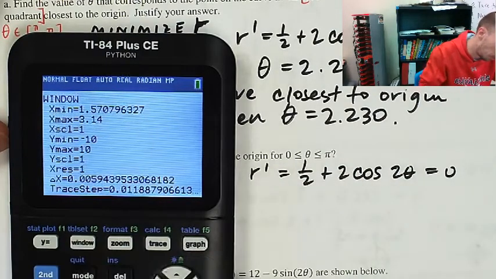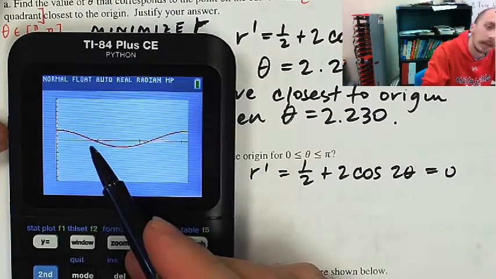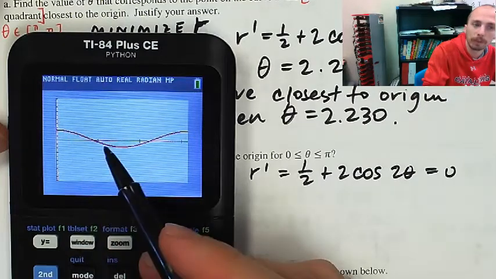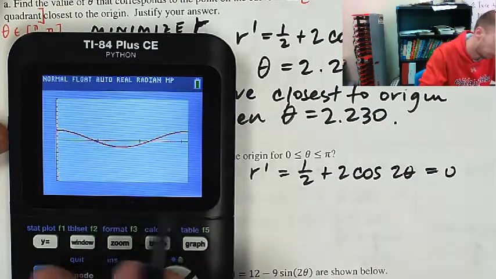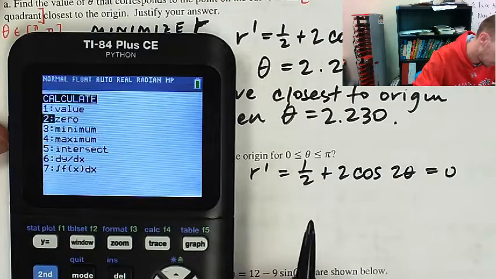And we're going to look from 0 up to pi this time. There's a place, and that looks like a maximum, right? That's a place where the derivative went from positive to negative. Okay, I'm going to calculate the 0.